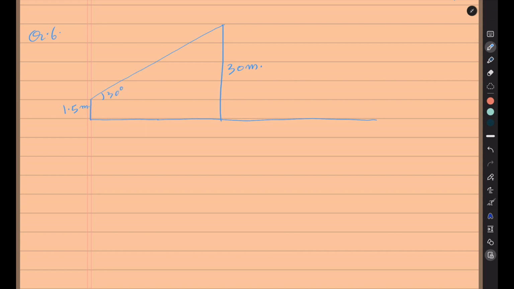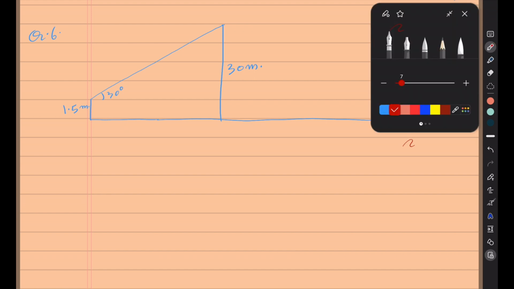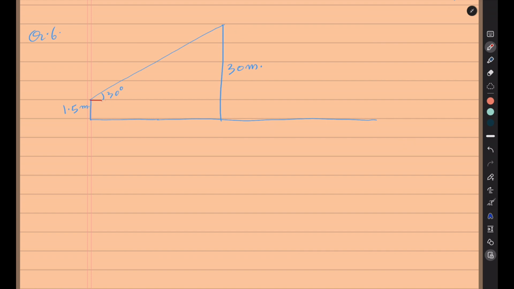So angle of elevation is 30 degree. And then he walks towards the building. Suppose he walks till this point. From this point, this was his original location and this is the new location. And again, now he is here. When he is here, he is making angle of elevation of 60 degree.